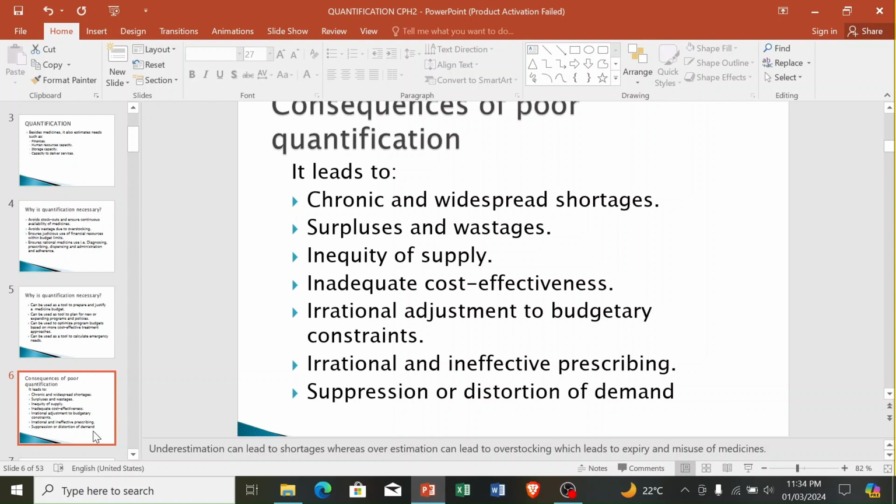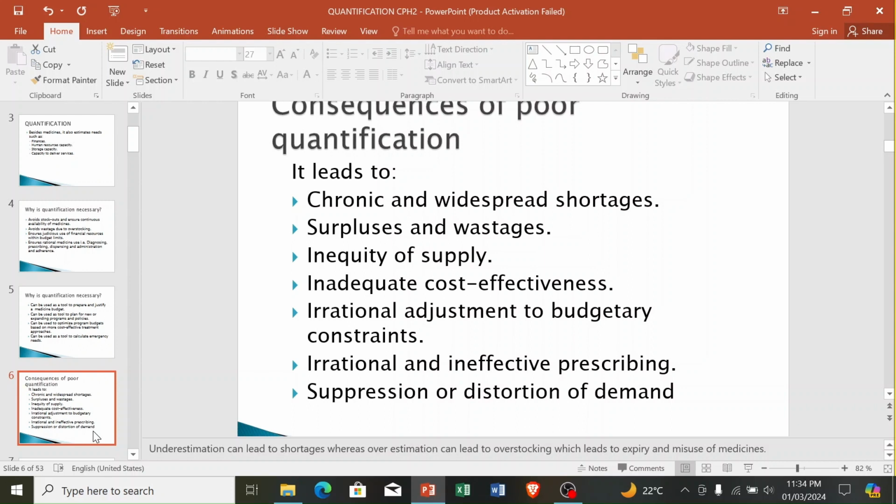We are not making the best use. We are not producing the best out of the little we have. That is inadequate cost effectiveness. We shall also have irrational adjustments to budgetary constraints.